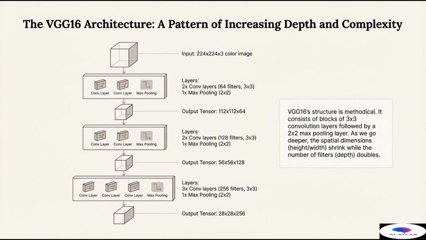The third block further increases the complexity, using 256 filters, which brings the tensor down to 28 x 28 x 256. This progressive contraction of spatial information and expansion of feature depth allows the network to gradually shift from detecting simple local features to assembling highly abstract visual concepts.